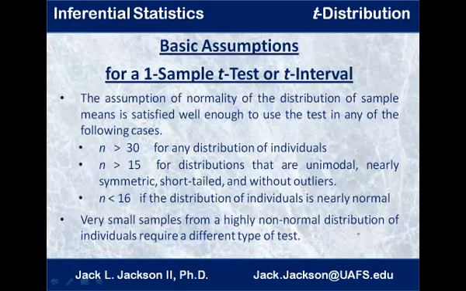In a real-world situation, if you're in a highly non-normal distribution, probably your best bet is to just bump up your sample size. Get it up to above 30, and then you're in good shape. Even though it may cost more money to do a sample of that size, it's probably worth it in that case.